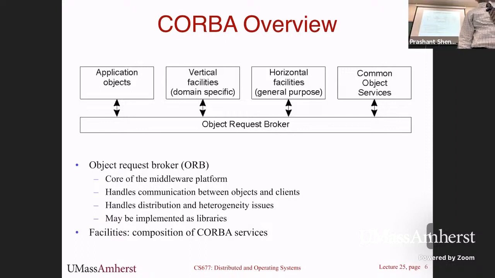There are a few systems that still used a stripped down version of it. One of them is, if you use Linux, and you know that there are different desktop managers in Linux, there's one called GNOME. That's the GNU network manager. That actually is built on top of a lightweight version of Corba.